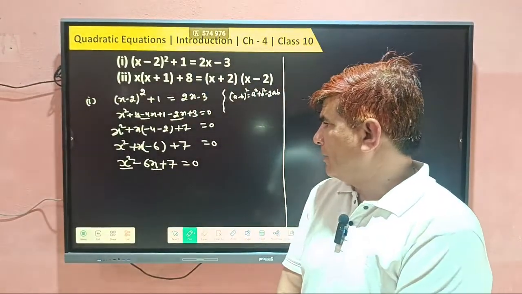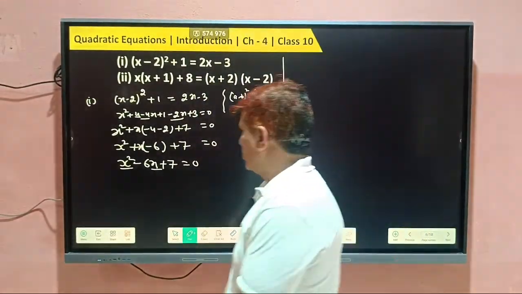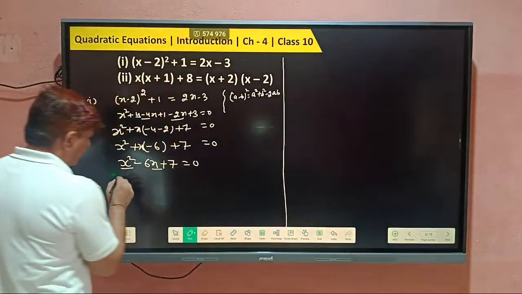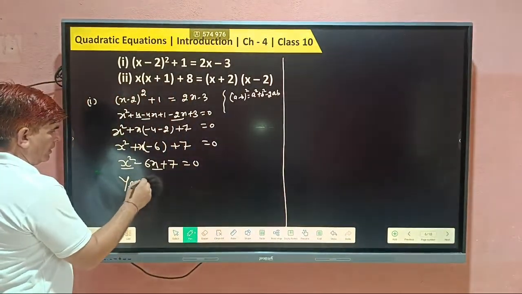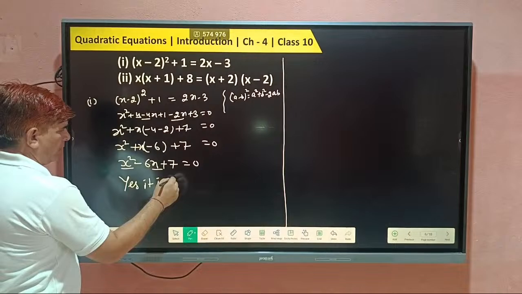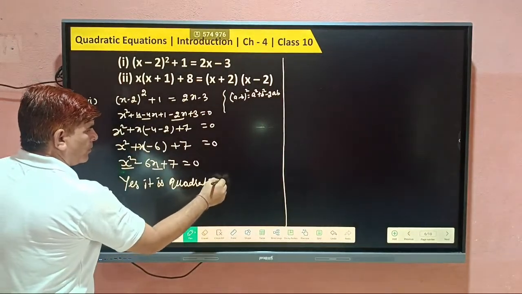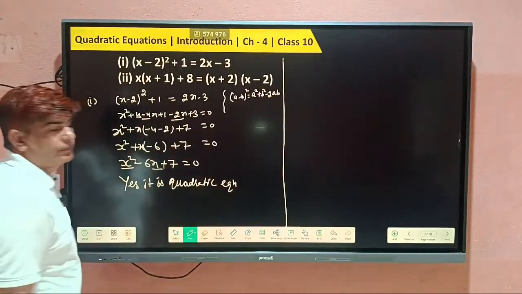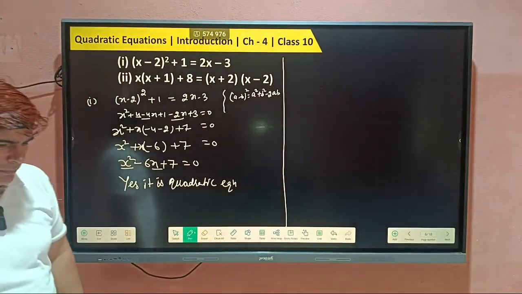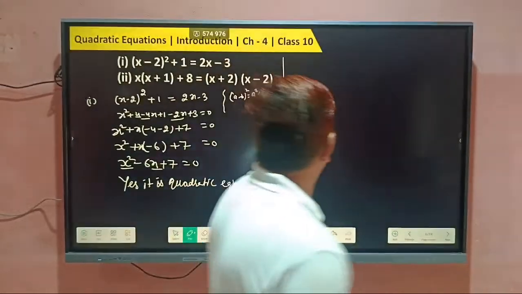So what's its highest power? 2. So yes, it is a quadratic equation.